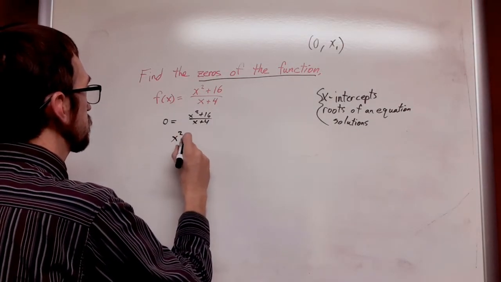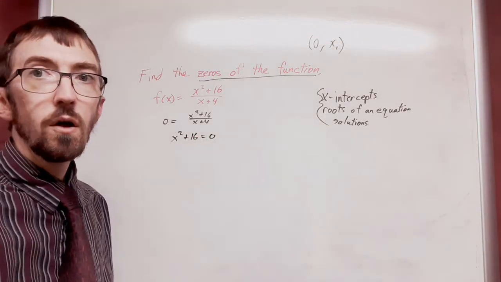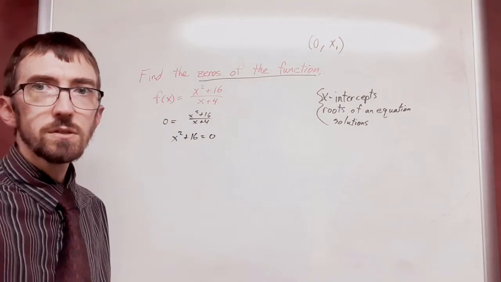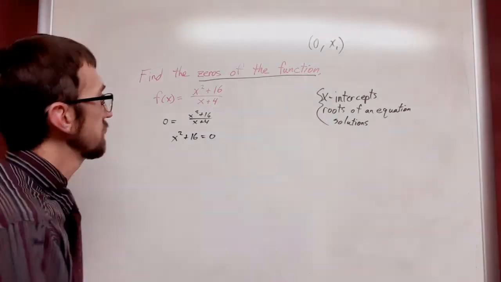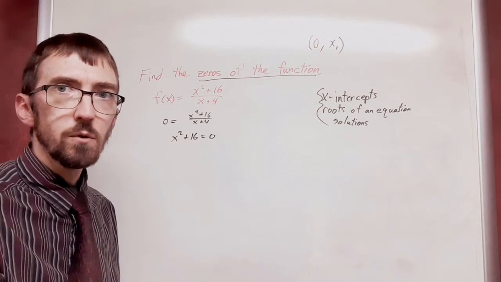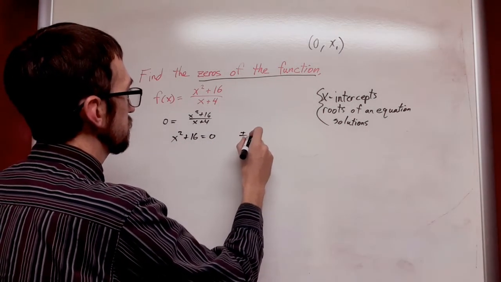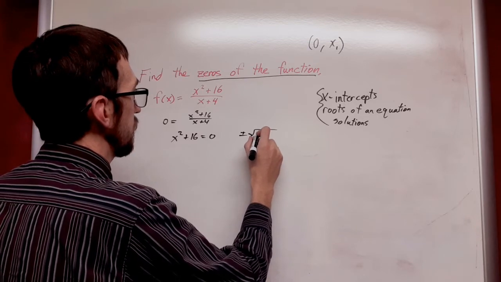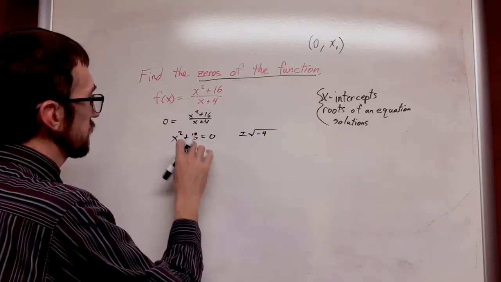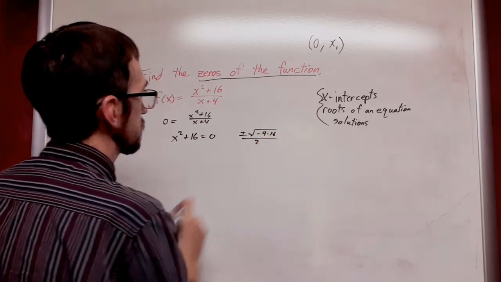Can we solve x squared plus 16 equals 0? Well, this is a quadratic. And so, yeah, we can attempt to solve this. So we are going to plug it into the quadratic formula. And our b value is 0, so we're going to have plus or minus the square root of negative 4 times 1 times 16 over 2.